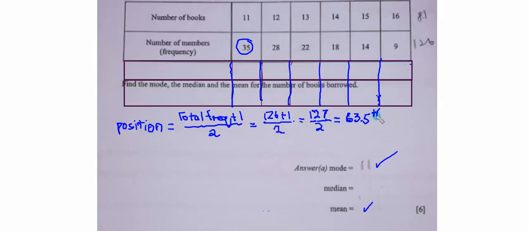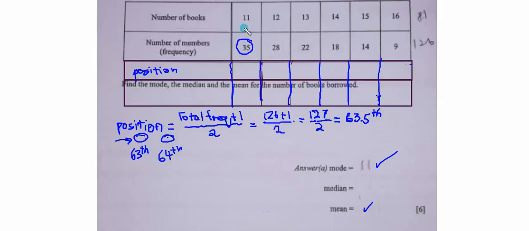The position 63.5. Okay. Now, what you have to do is look for the position 63 and the 64 position. Under these positions, what is the number of books? Add these two together and divide by 2. That is the answer.